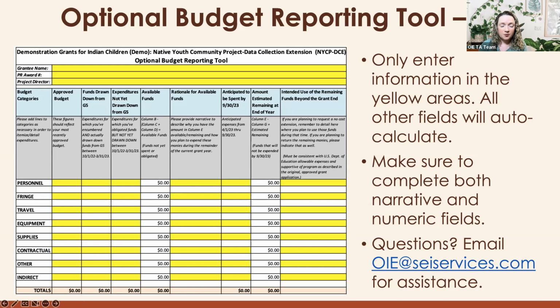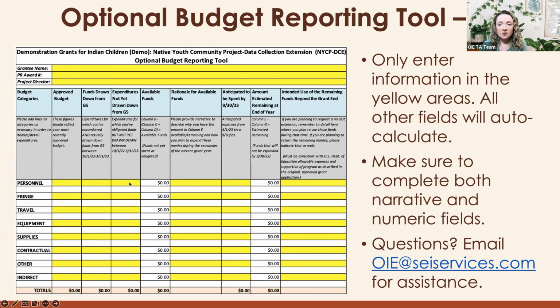As you move through the form, this first column is your approved budget as of your approved budget revision in the fall, unless you've submitted one more recently. Whatever your most recent approved budget is goes right here. This next column is funds that you've drawn down. This total should match your 8B on your cover sheet because it's all your drawdowns during this reporting period.